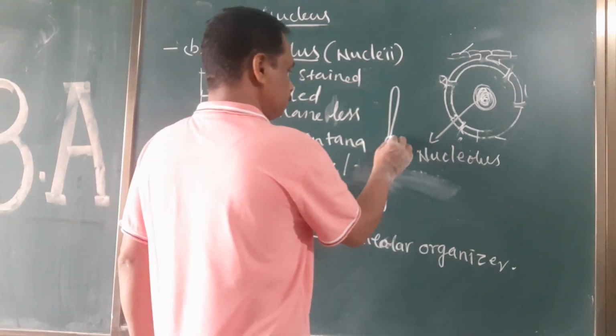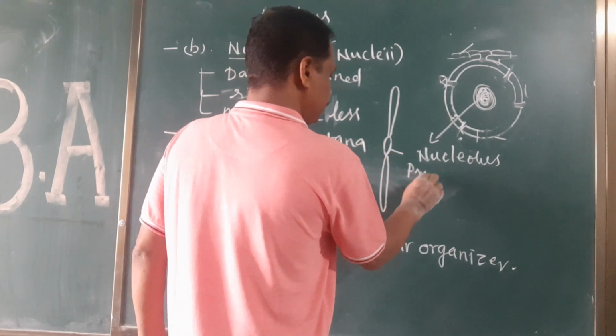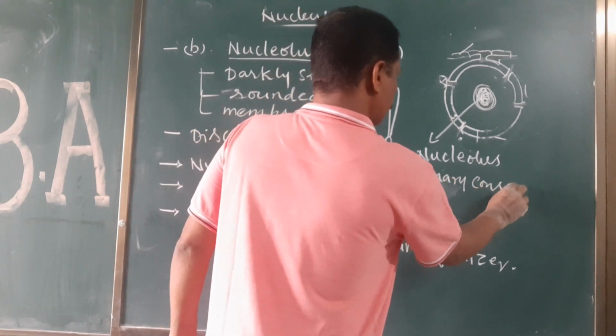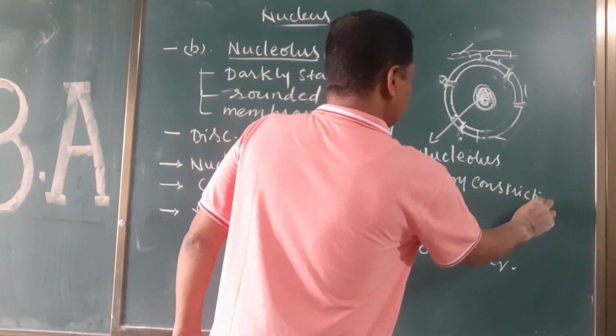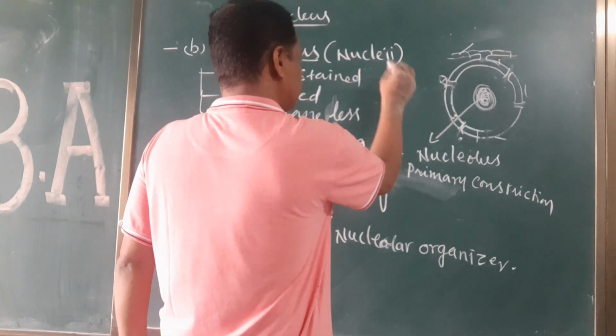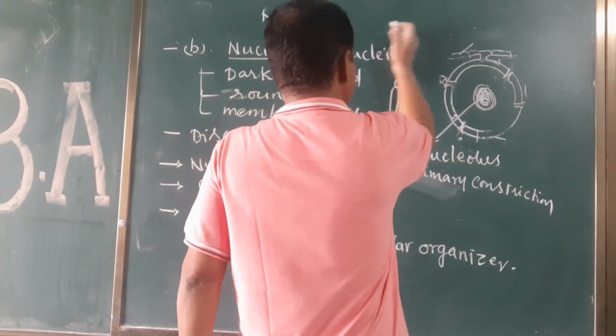In this chromosome, there is a primary constriction. Along with the primary constriction, a secondary constriction can also be seen in some chromosomes. This is called the secondary constriction.